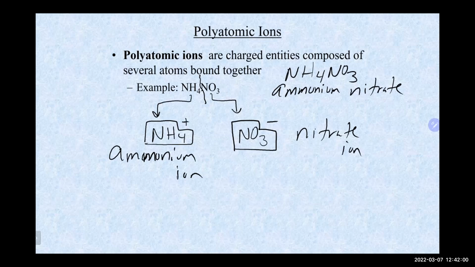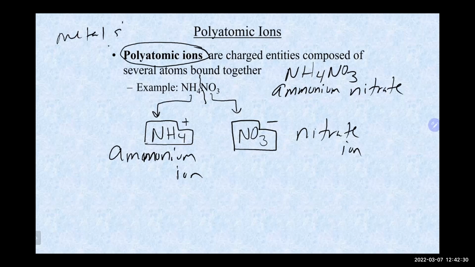There are a few that are positively charged, but a vast majority of polyatomic ions do carry a negative charge, which means in most cases, the polyatomic ion actually ends up hooking up with a metal, and you end up getting a metal and a polyatomic ion that come together. The importance of that is, as we talked about earlier, whenever a metal is involved, that is really the thing that you want to look at.